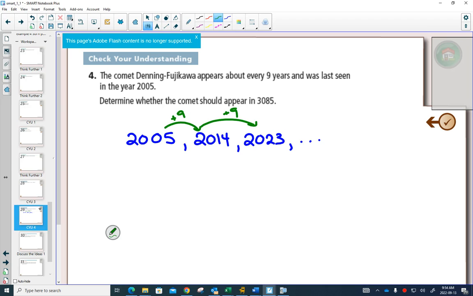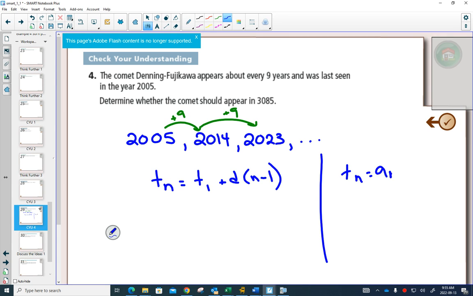So what formula do we have so far? We go to our formula. We could either use the one that's given to us, or we could use the one that works. Remember, I would say it's going to be 9n plus something. Part of the problem with the one that works is these are big numbers.